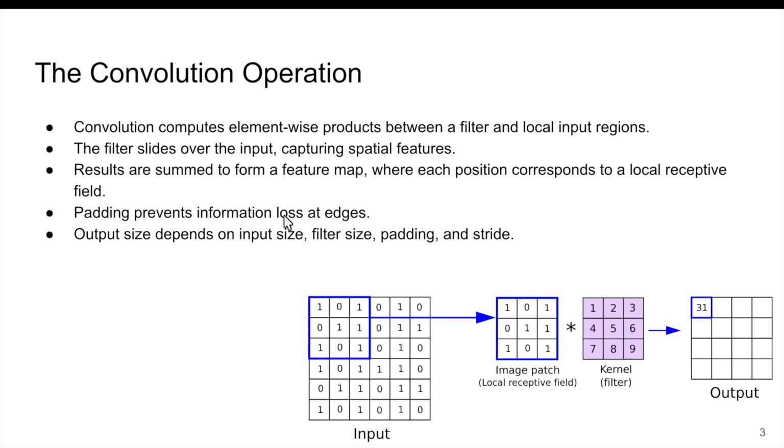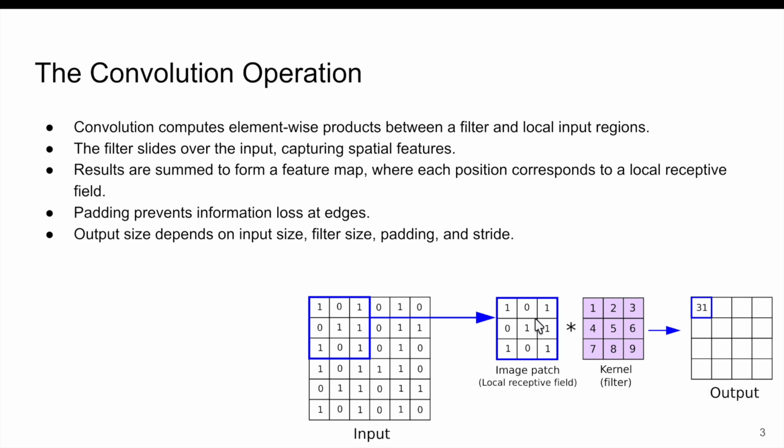So what happens is we multiply each of them with the specific values, that is 1 into 1 plus 0 into 2 plus 3 into 1 plus 0 into 4 plus 5 into 1 plus 6 into 1 plus 7 into 1 plus 0 into 8 plus 1 into 9, and that comes out to be 31.